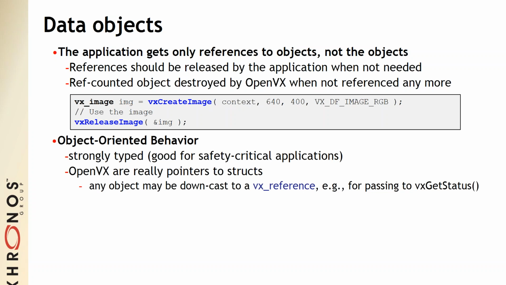OpenVX objects are strongly typed, which is good for safety critical applications. We would like to get some object-oriented behavior, but it is not supported well in C, and OpenVX is primarily a C API.